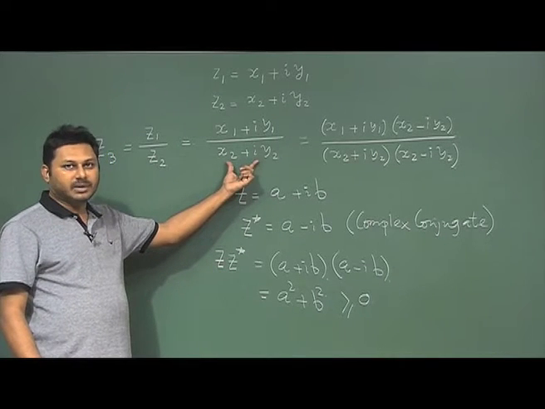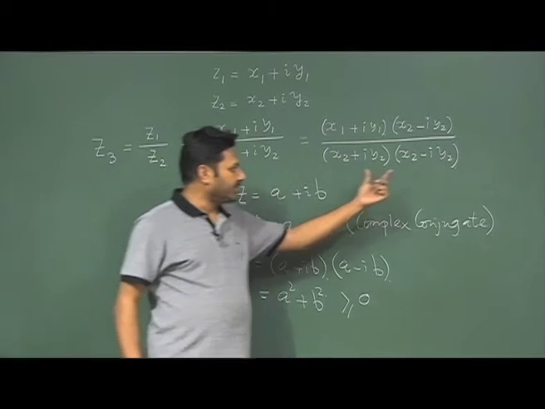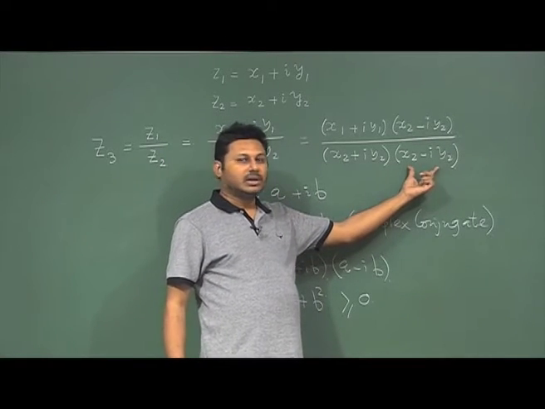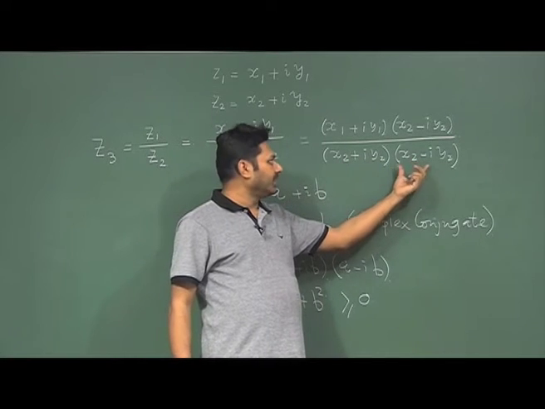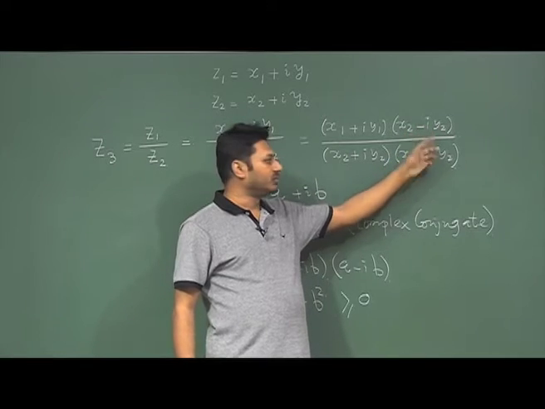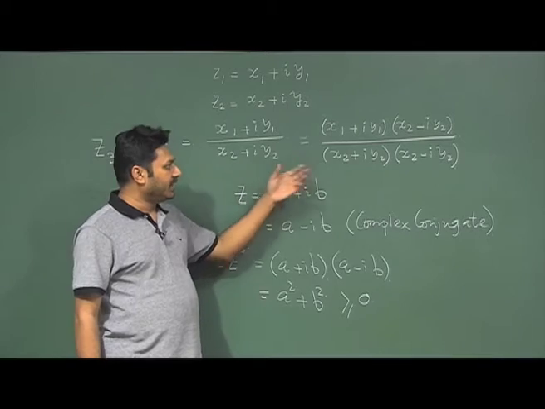Here we are doing the same thing. We have a complex number, and I do not want a complex number in the denominator. What I will do is multiply this by the complex conjugate, which is x2 minus I y2. When I multiply that, I need to multiply something in the numerator also, so that these two things cancel out and the original thing remains the same.